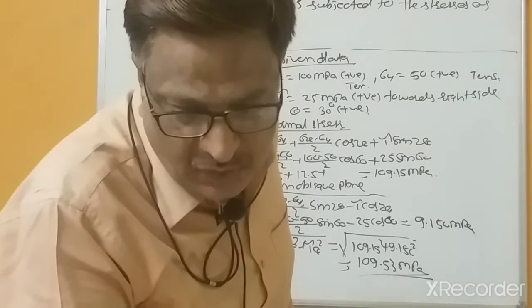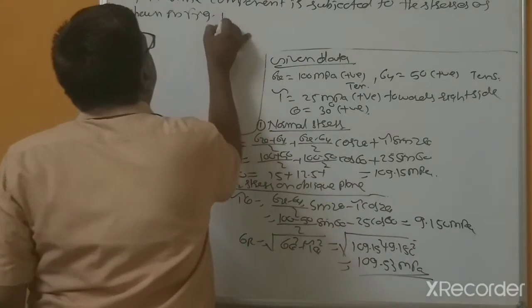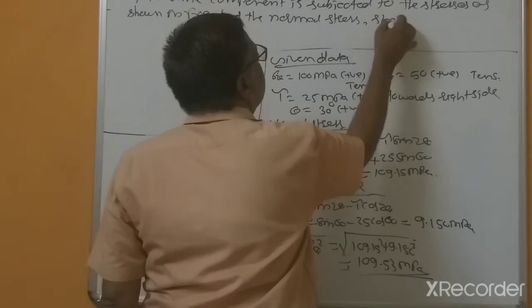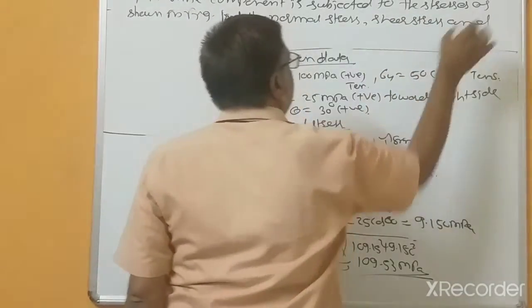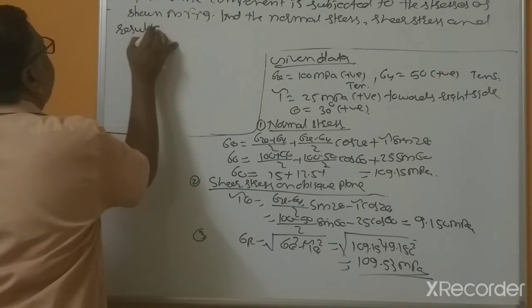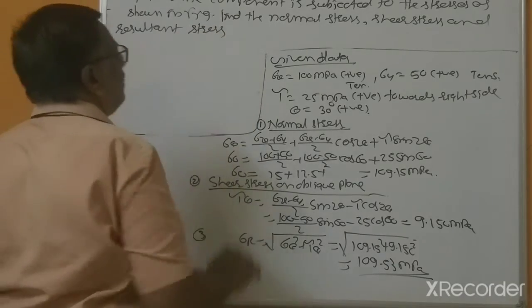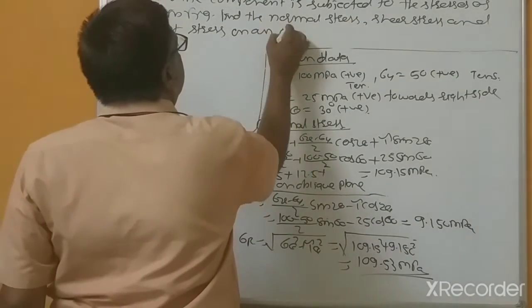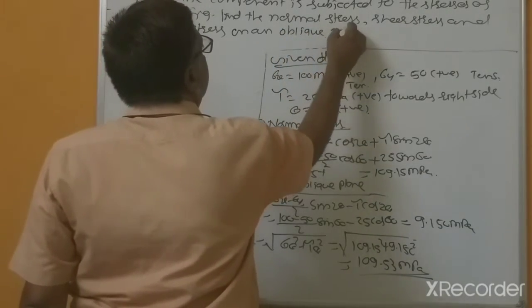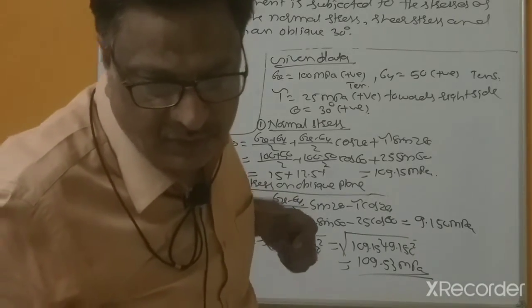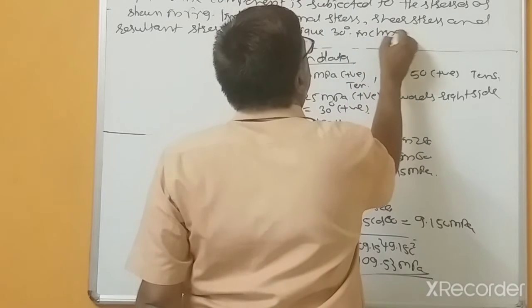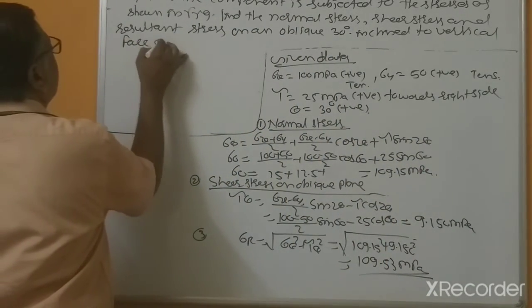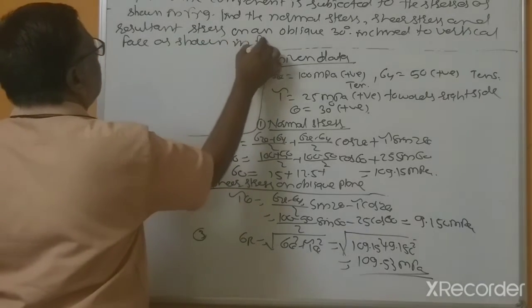Find the normal stress, shear stress, and resultant stress on an oblique plane 30 degree inclined to a vertical face, as shown in figure.